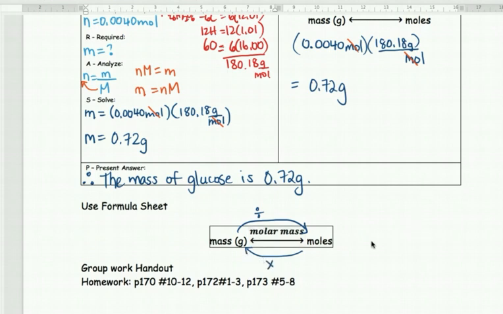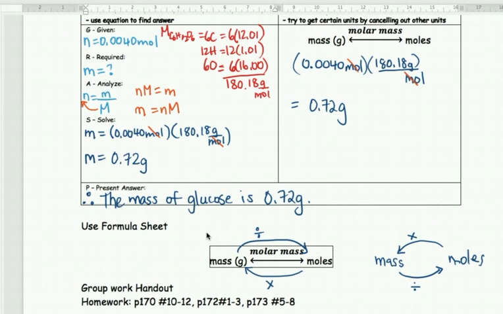Otherwise, some people prefer having multiply at the top, so you could do it that way: going this way you would multiply, but going this way you would divide. Either way, just know that mass to moles, you divide. Moles to mass, you multiply. So find a system that works for you.